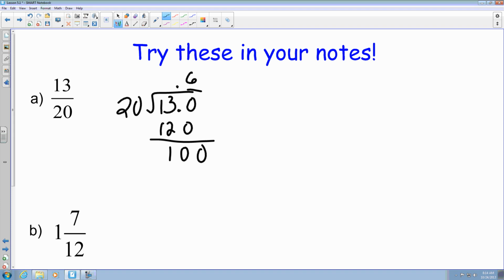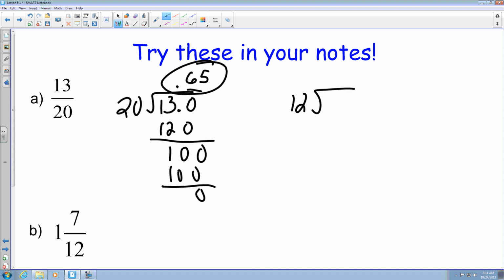And 20 goes into 100 5 times, makes it 100, which is my remainder of 0. So the decimal equivalence of 13/20 is just 0.65.